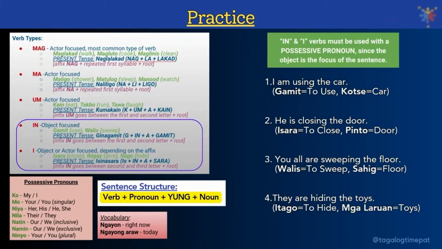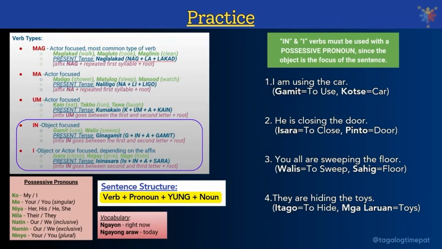I am using the car, and I gave you some vocabulary words. Gamit means to use. Coche is car. Number 2, he is closing the door. Isara means to close. Pinto means door. Number 3, you all are sweeping the floor. Walis means to sweep. Sahig means floor.